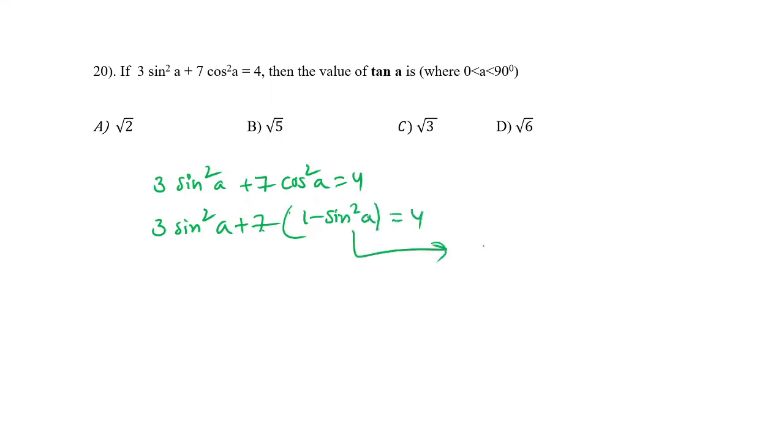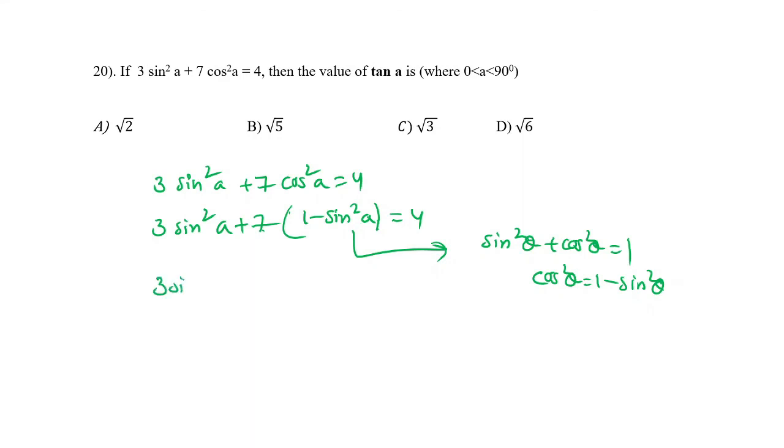Why? Because here the formula is sin square theta plus cos square theta is equal to 1. So here cos square theta is equal to 1 minus sin square theta. That's why I have written 1 minus sin square A here.